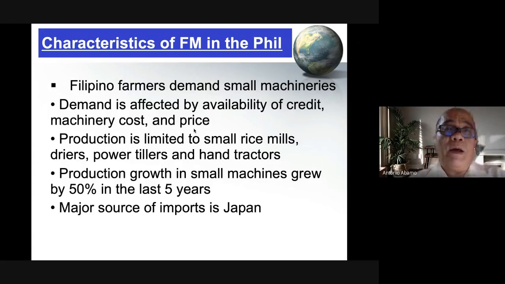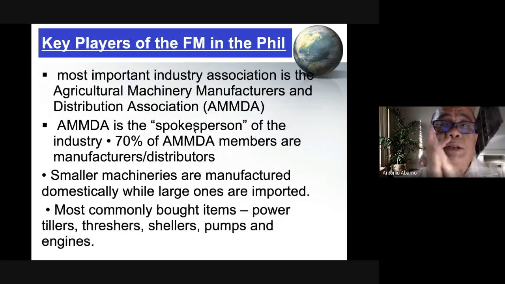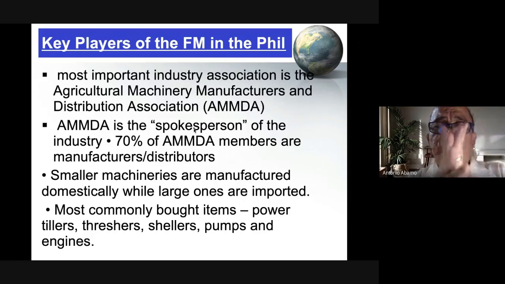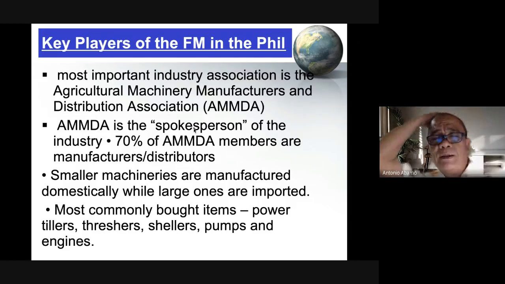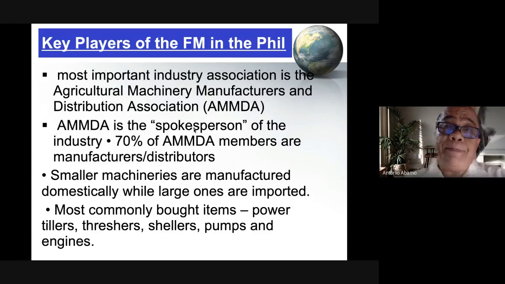No, most importantly, there is an industry association supporting the farm machinery in the Philippines. That is the AMDA, or the Agricultural Machinery Manufacturers and Distribution Association. Now, the AMDA is the spokesperson of the industry. 70% of AMDA members are manufacturers and distributors.